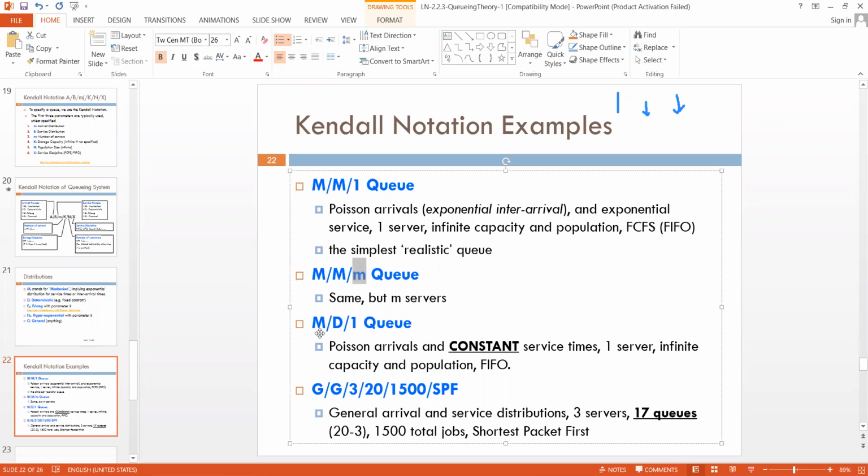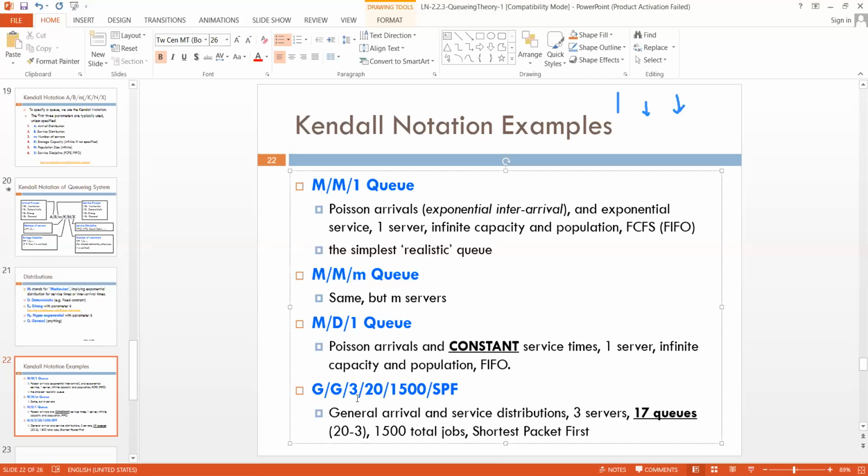Then we can also have M/D/1. M is arrival, D is service, meaning deterministic. So in the case where we know or it's been determined that anybody who gets into service will finish after 2 seconds, that's deterministic. So it is a constant. So it says Poisson arrivals and constant service times.